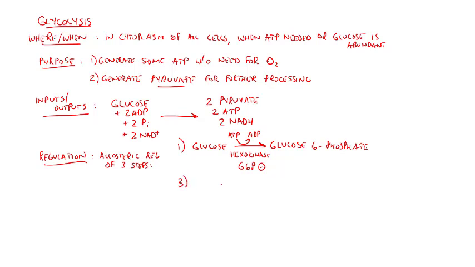The second reaction that's regulated is reaction 3. Fructose 6-phosphate converted into fructose 1,6-bisphosphate. ATP is used up in this reaction. The enzyme is called phosphofructokinase.